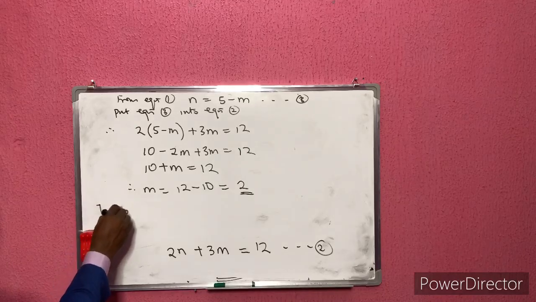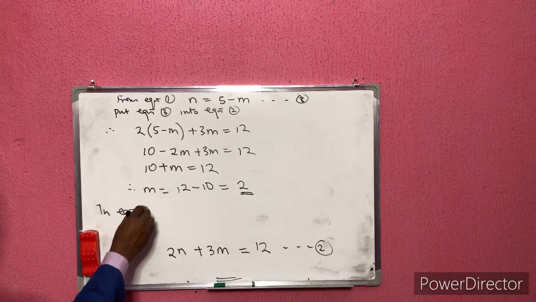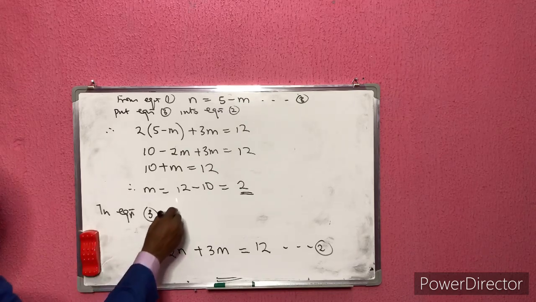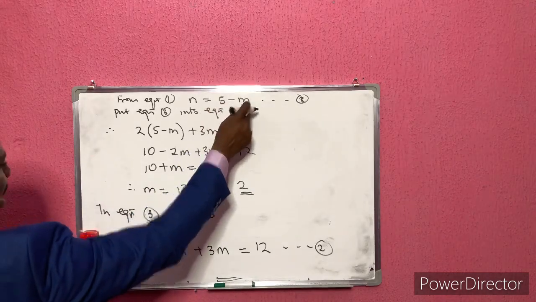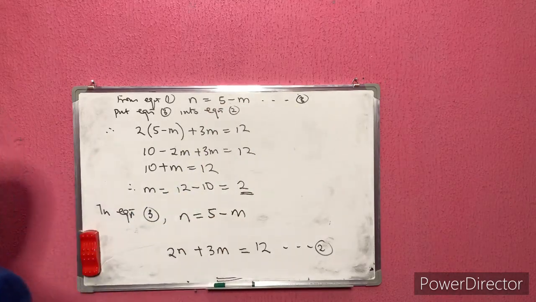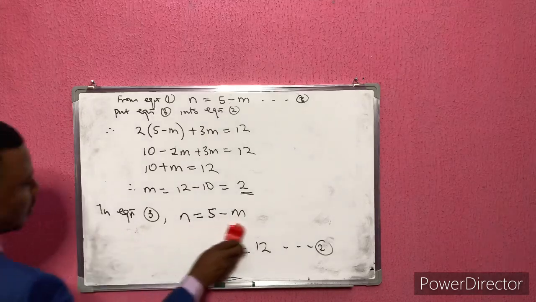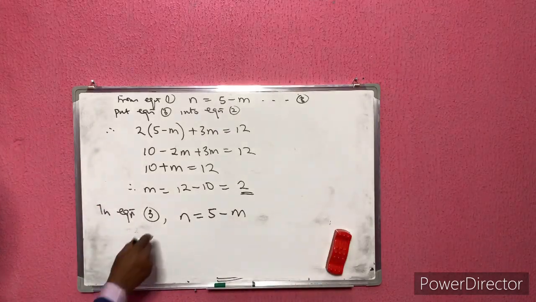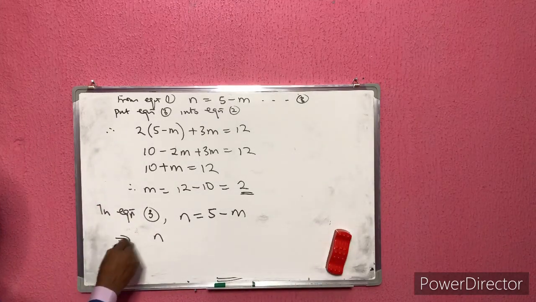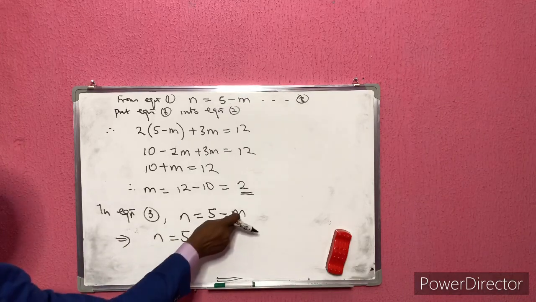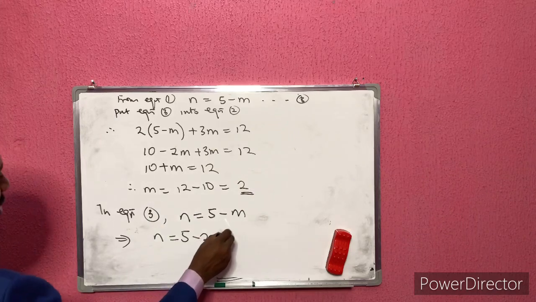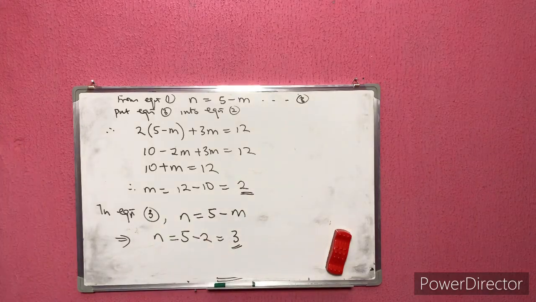In equation 3, n is equal to 5 minus m. This implies that n is equal to 5 minus 2, because m is now 2, to give us 3. So n is 3, m is 2.